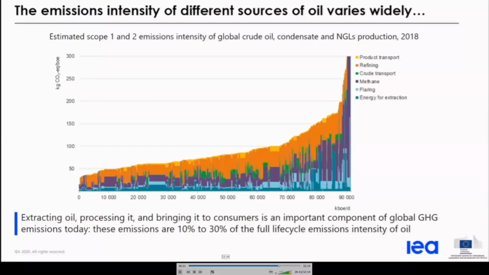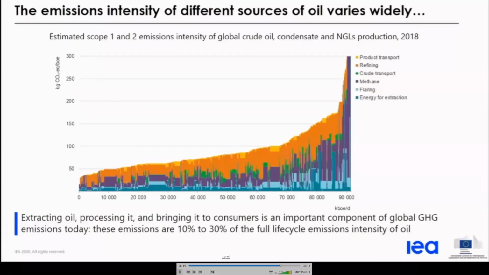And as we look at the emissions intensity of this oil supply curve, we see that emissions from operations, including flaring and methane release, as well as emissions from transport and refining, contribute to the overall Scope 1 and Scope 2 emissions from operations and transport. From this, we can also see that a relatively narrow band of production contributes an inordinately large proportion of emissions, as you look from about 85 million barrels a day and above.